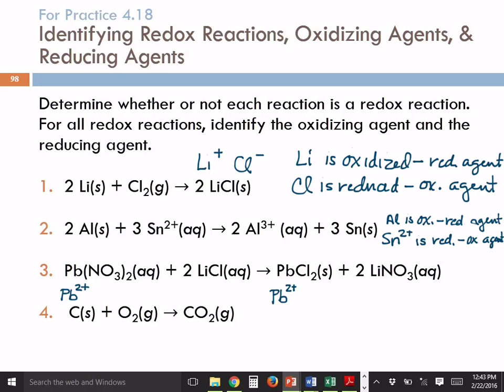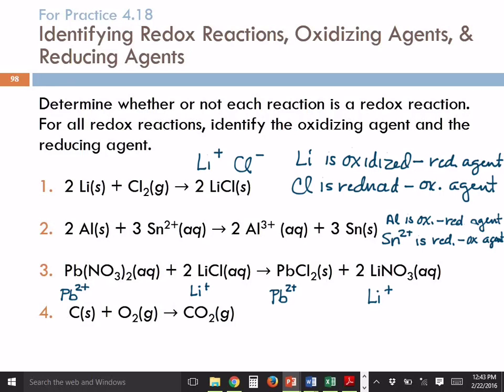Nope. How about nitrate? Did that stay the same? Yeah. We have NO3 minus on one side and NO3 minus on the other side. That means nothing inside of nitrate changed. How about lithium? Here it's +1, and over here it's still +1.